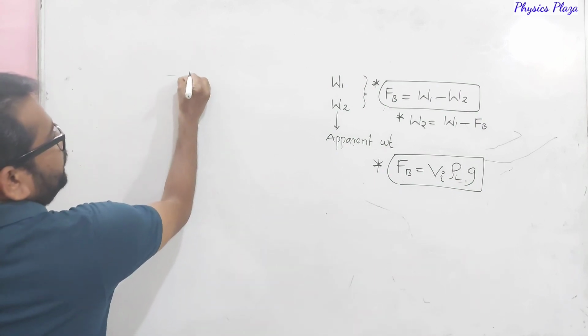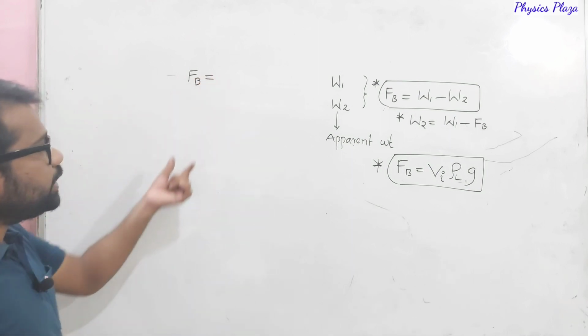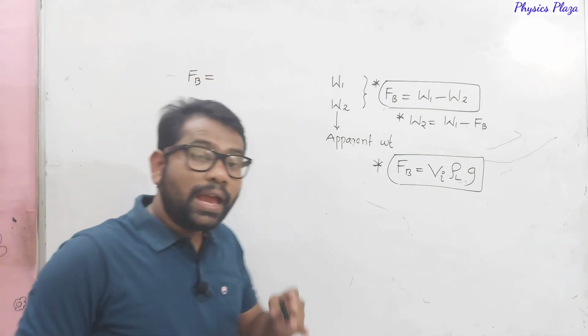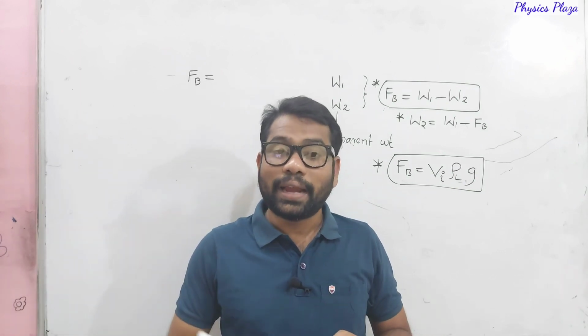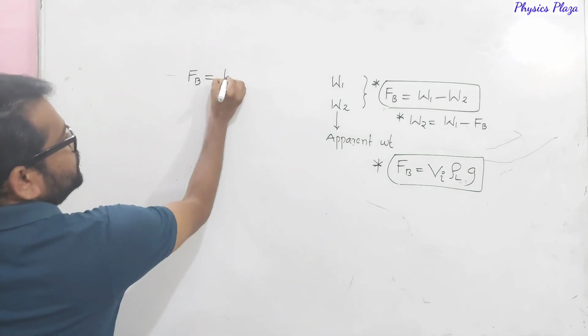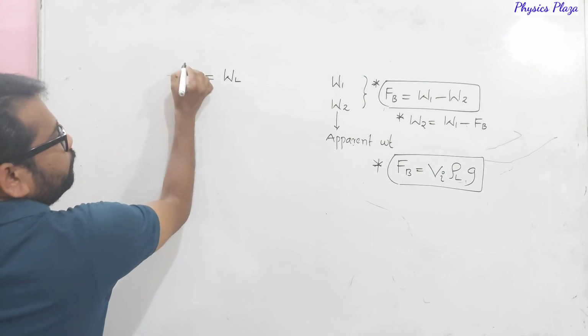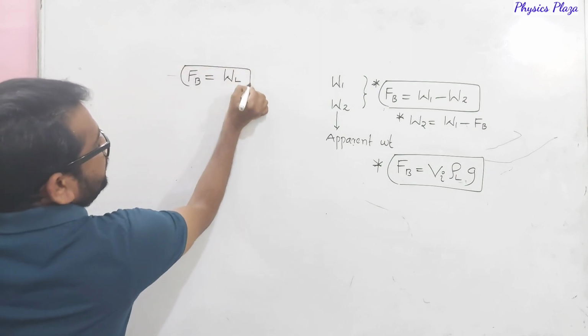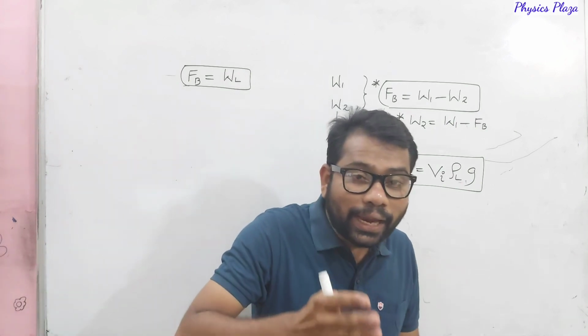Whenever a body is immersed partially or wholly in a fluid, it experiences some upthrust. At the same time, it displaces some amount of water, and that water has some weight, that is WL. This weight of the liquid displaced is equal to the buoyant force experienced by that body.